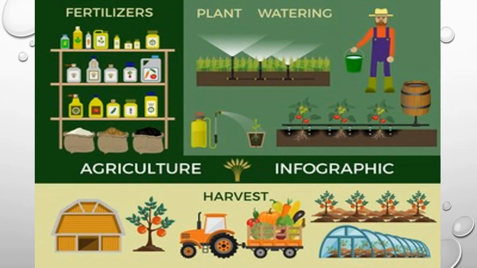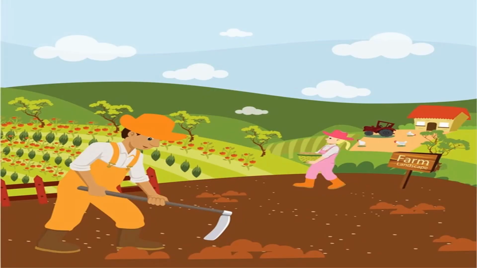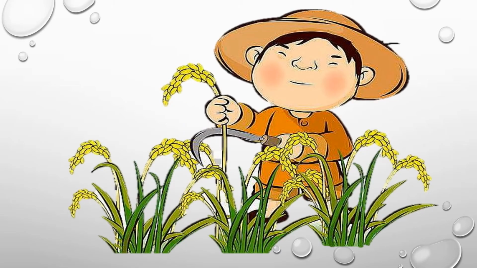Previously, water was needed for farming only during the rainy season. Now, as two or three crops are taken, we need water for almost 8 months. So, from where do we get water for farming and for all our other needs? As it rains only during rainy season.